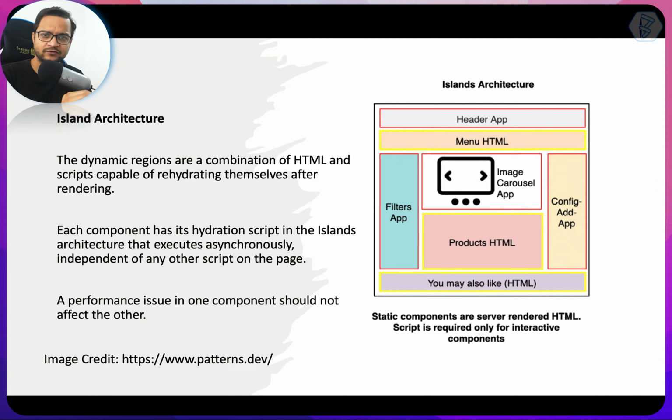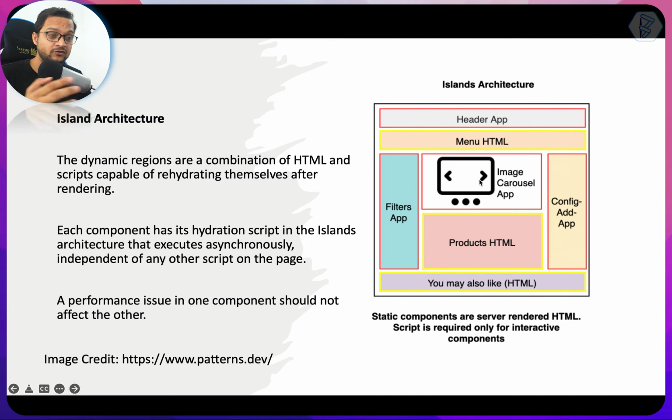Okay, we have this static HTML, just ship it. It's rendered on the server and shipped directly as normal HTML. And similarly the product HTML, which is again just normal HTML. And since these are just normal HTML, shipping them and having them ready on the client side is extremely fast.